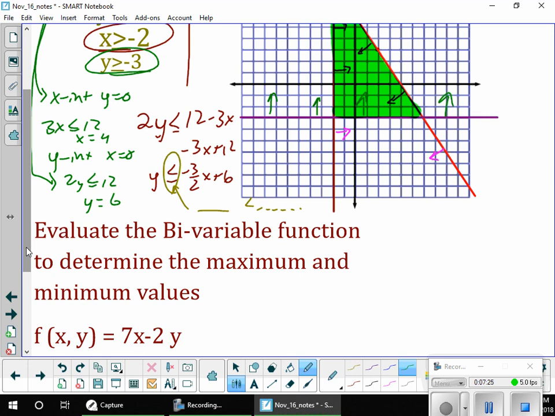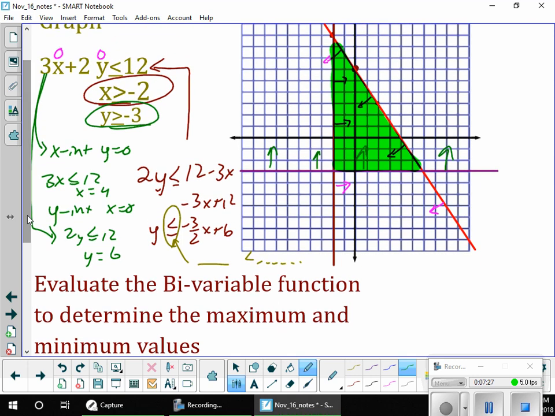Somewhere in all of this there are a ton of different points we can plug in, and we're looking for a max or min. There is a theorem that says all you need to do is look at the vertices of the boundary region.